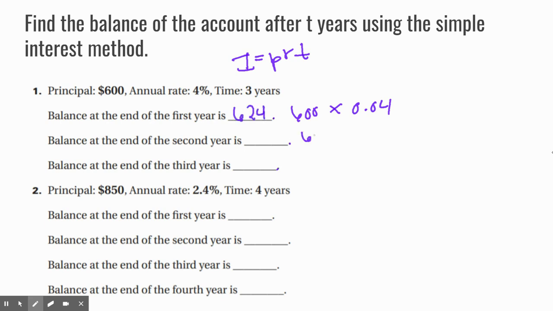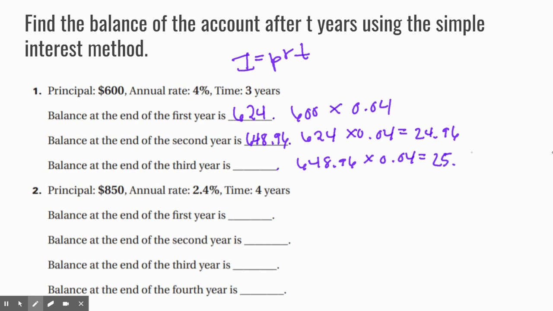Year 2, I'm now earning interest off of that balance. So it'd be 624 times 0.04, which would be $24.96. So that gets added. So my balance at the end of there would be 648.96. Year 3, this is my principal. That's what's in the account. Times that 0.04. So that interest would be $25.96.